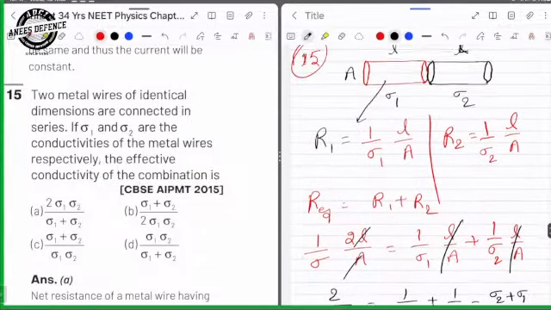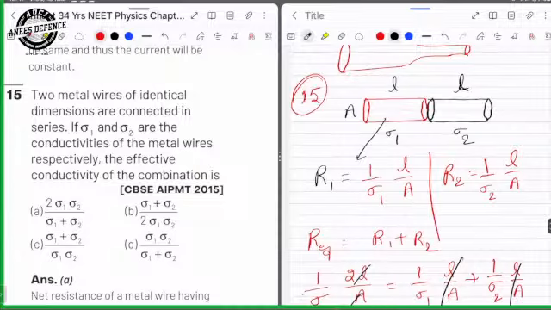Remember, resistivity is inverse of conductivity, and R is equal to rho L by A. Rho is resistivity. So R is directly proportional to resistivity and inversely proportional to conductivity. Yes or no? So when both resistors are in series, resistivity will be in series, rho 1 and rho 2.